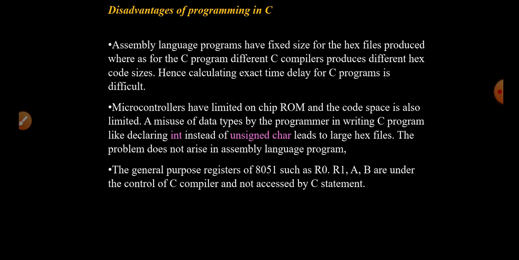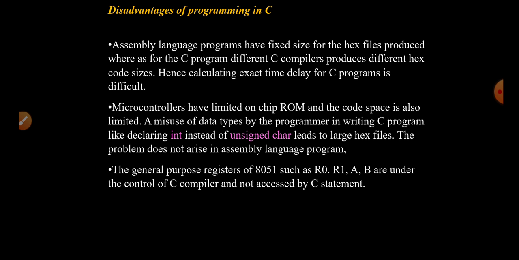So whatever the size of the hex file is, it depends upon the compiler. Plus it is very difficult to exactly calculate the time delay for C programs, means calculating the time delay for C programs is difficult, right?